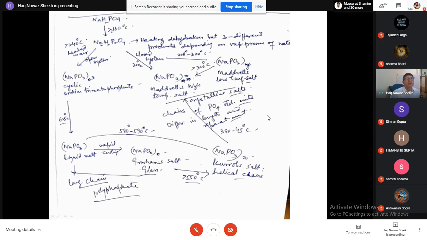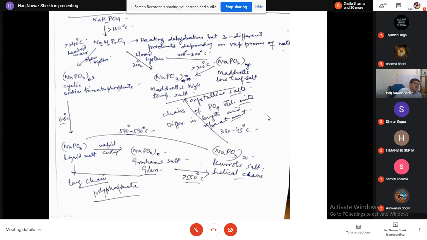When it is heated to a temperature above 160 degrees, it forms sodium pyrophosphate, which is the salt of pyrophosphoric acid, disodium dihydrogen P2O7. This heating leads to dehydration, and when this compound is heated, it again undergoes dehydration, but 3 different products are formed depending upon the vapor pressure of water.